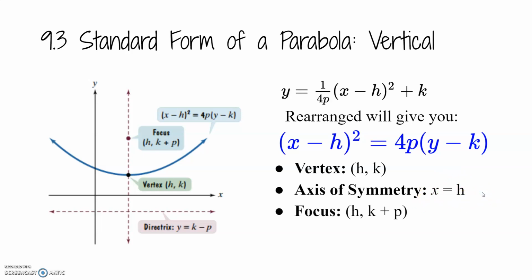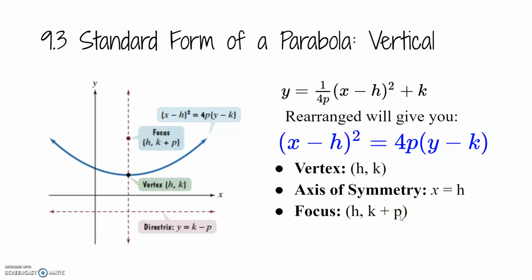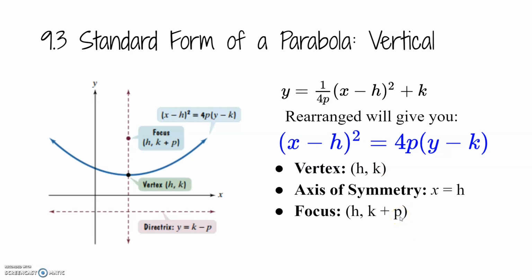Your focus, if I am opening upward, it's going to be adding the value p to k. So this focus is always going to be above or below your vertex. A nice way to think about it is your focus is always on the axis of symmetry, and it's always inside the curve, and your focus is always p units away from the vertex. So you're going to always be adding p to some number.